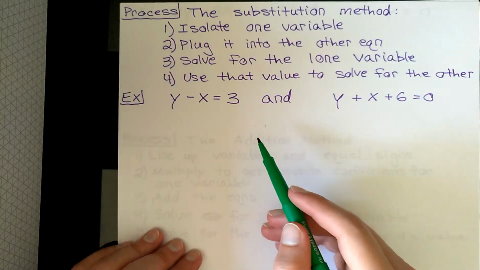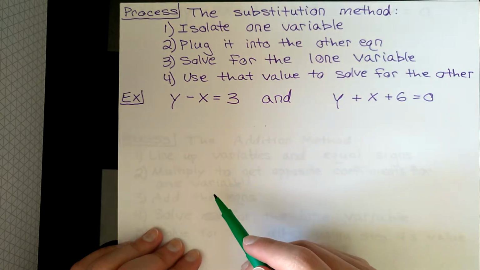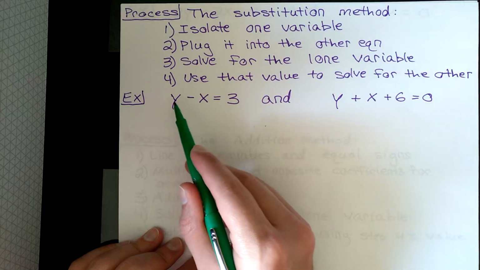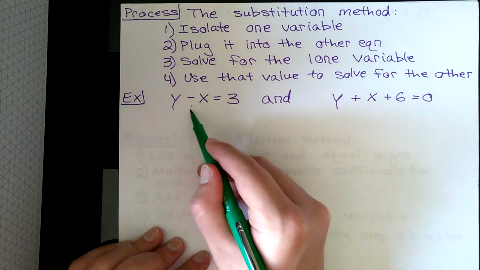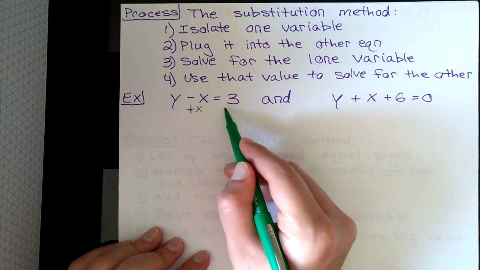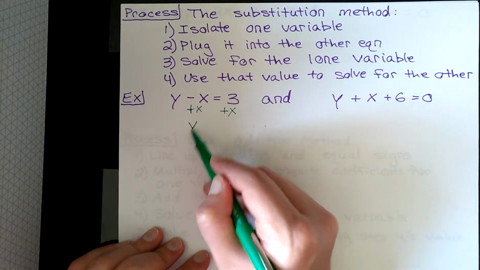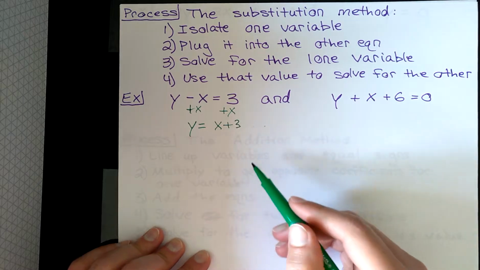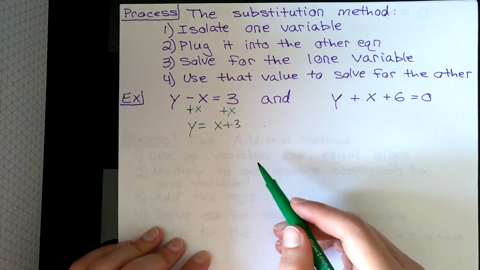So looking at this, the easier of the two problems to get one variable alone hopefully should strike you as this y. All we have to do is add x to each side of the equation, and we immediately have y equals x plus 3. The y is alone.